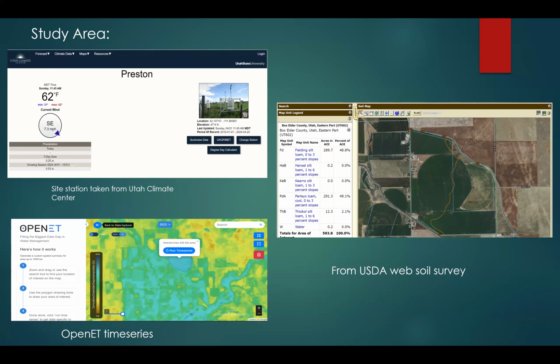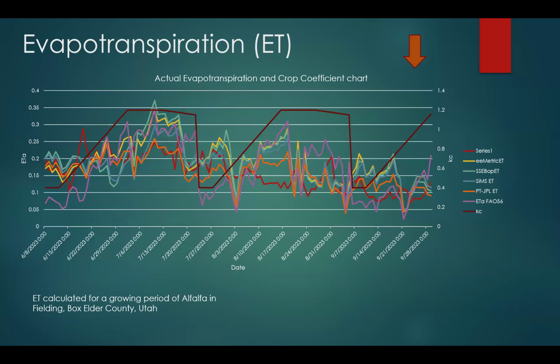It's showing that the majority of the soil texture is silt loam, and I ended up using the field capacity and wilting point, and such parameters for the water balance. And I got this figure of the ET.